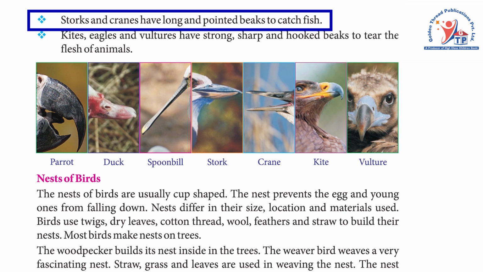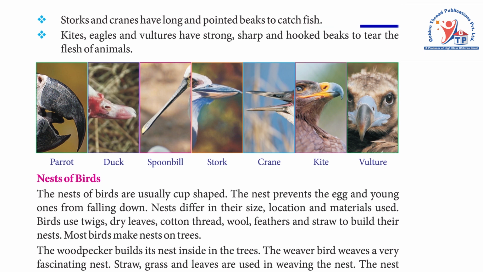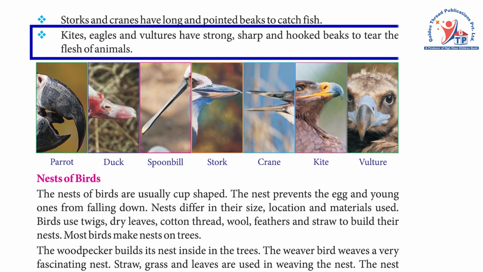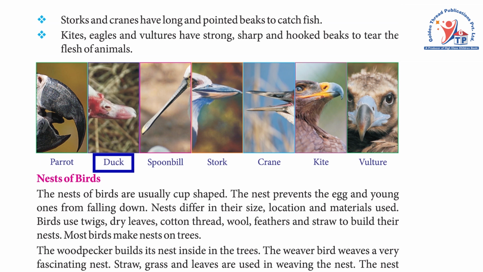Storks and cranes have long and pointed beaks to catch fish. Kites, eagles and vultures have strong, sharp and hooked beaks to tear the flesh of animals.